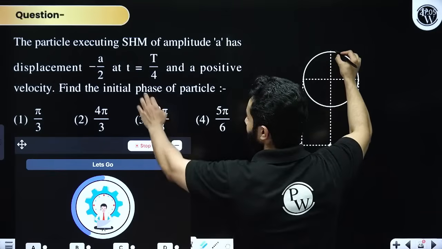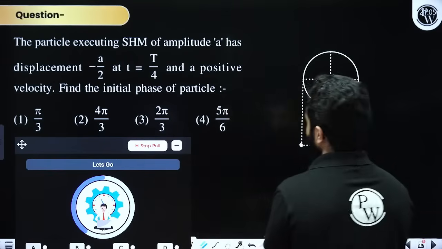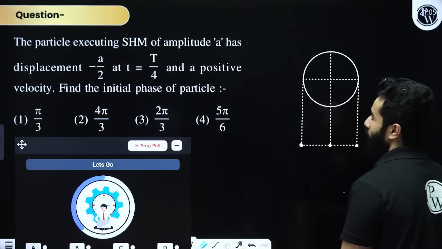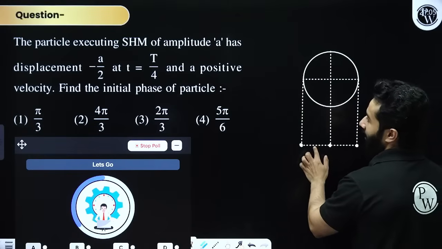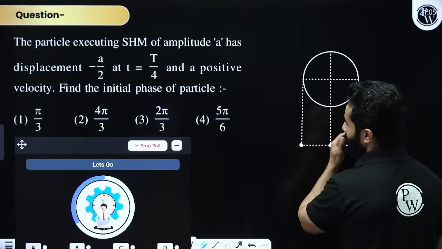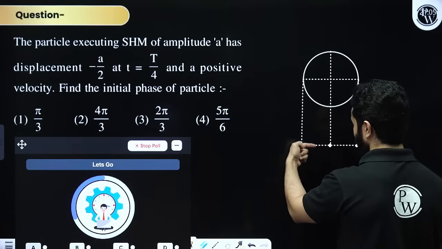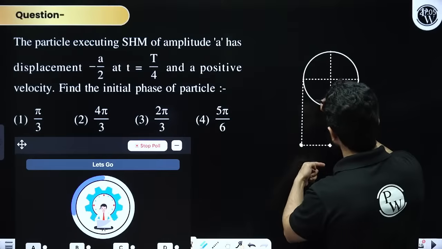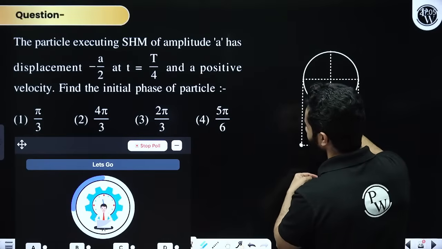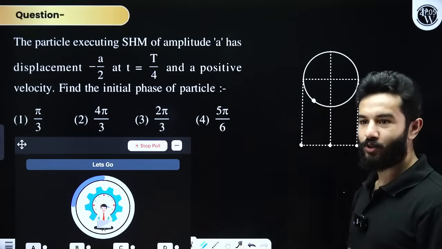So the particle is at a displacement of minus A by 2. So minus A by 2 is somewhere over here, and it has positive velocity. That means it is moving in this direction. That means the particle is at this point.